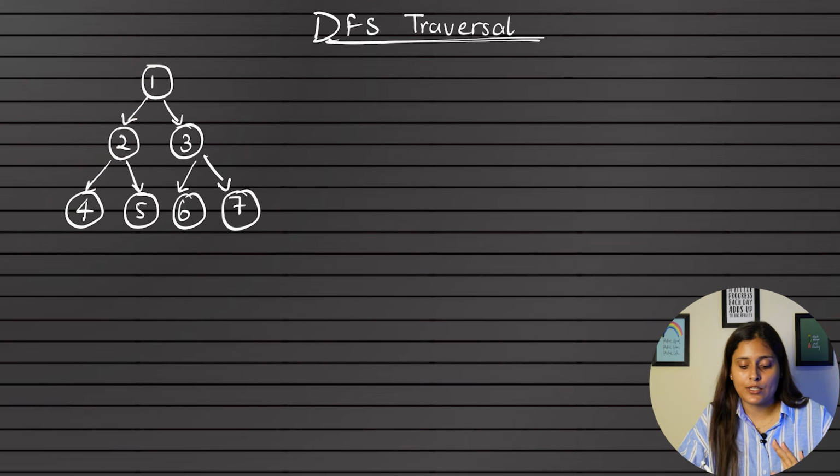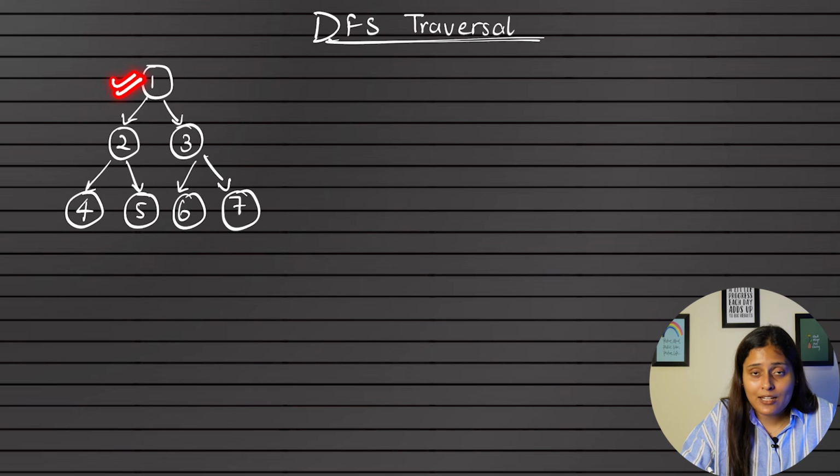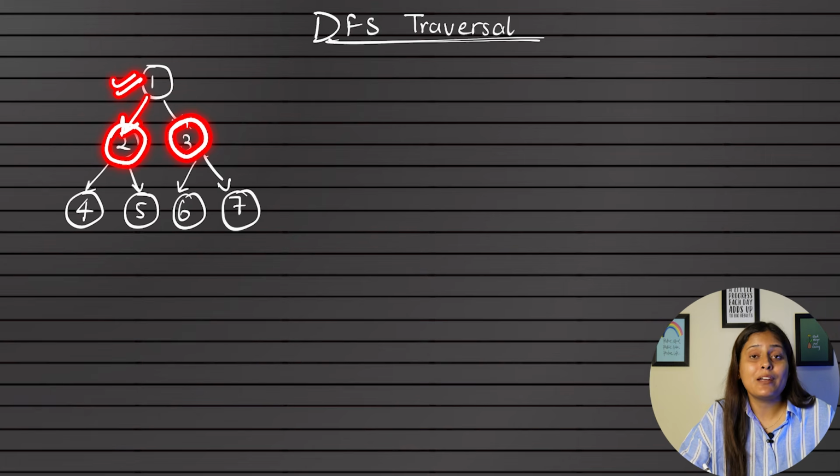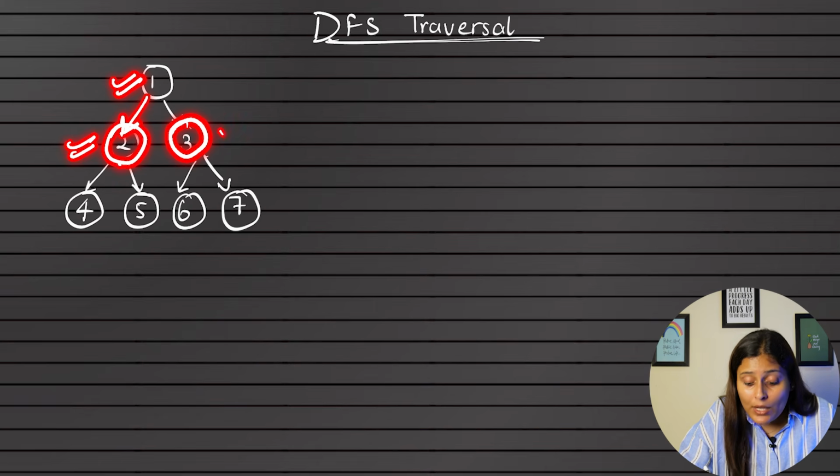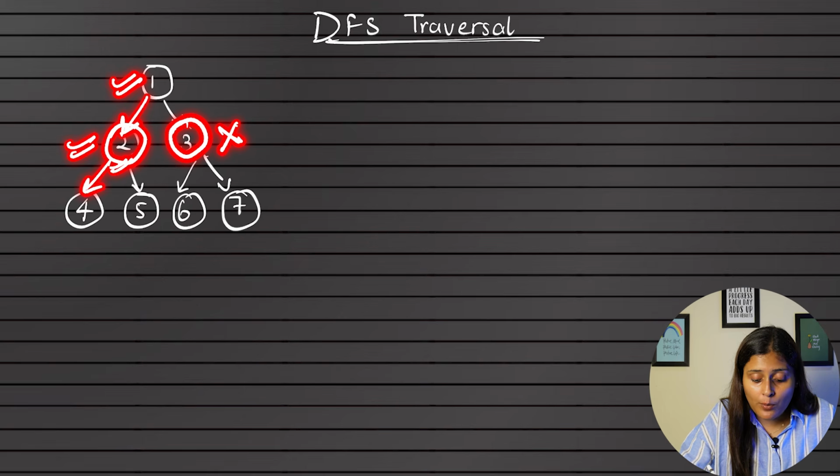First is depth first search, where we start from the node and we go for children. We have multiple options for children, but we decide to go for only one child. So hence we decided for 2. Again for 2, we have multiple options which are 4 and 5. So we choose any one child, which is 4.